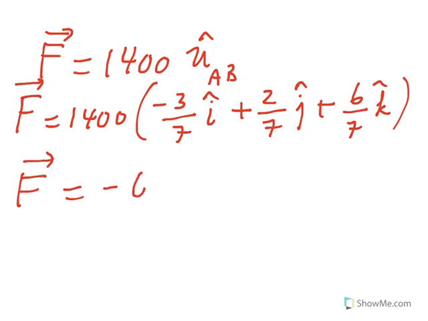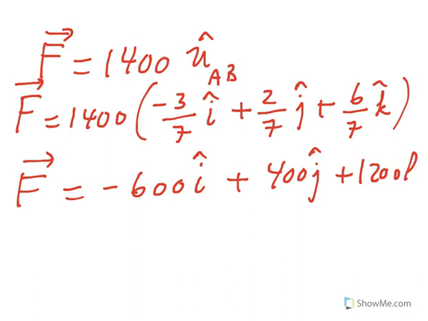So clearly we get minus 600i plus 400j plus 1200k. So what does this mean? This says the X component of this 1400 newton force is 600 acting in the negative direction.